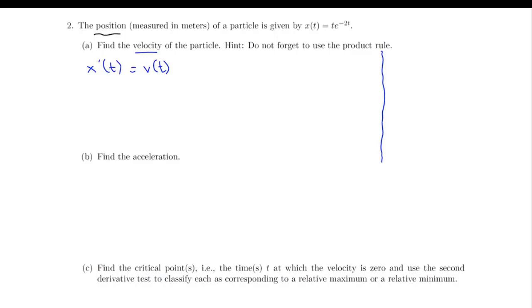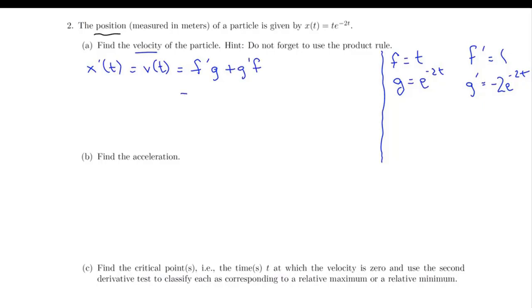What do you notice about x of t? They're being multiplied. Right, it's two functions multiplied together. I need f and I need g. I know that the derivative of that is going to equal my velocity, which is f prime g plus g prime f.